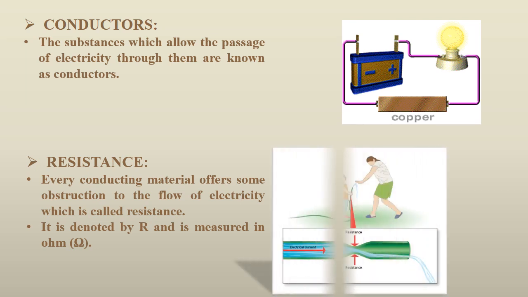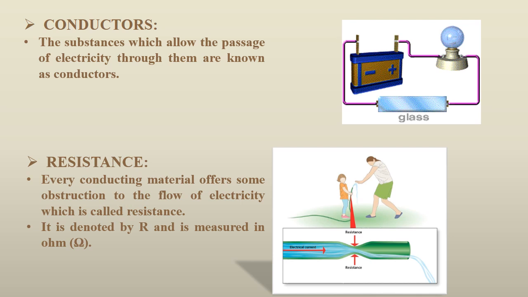For example, when water is flowing through a pipe and we hold the pipe tightly from between, you can see in the given diagram how the path of the water changes. That is called the obstruction. So resistance is the obstruction to the flow of electricity.